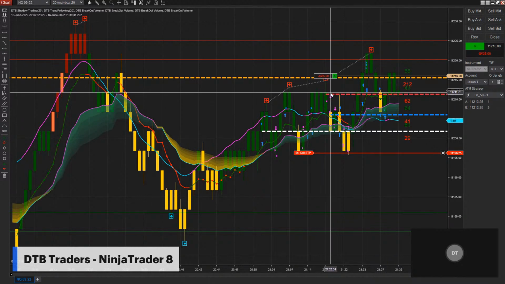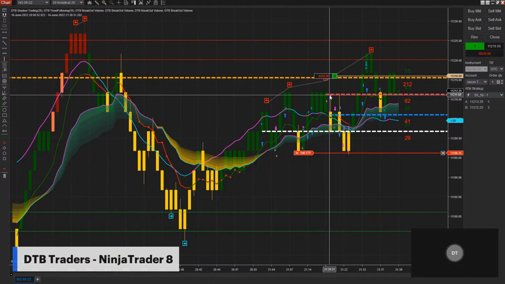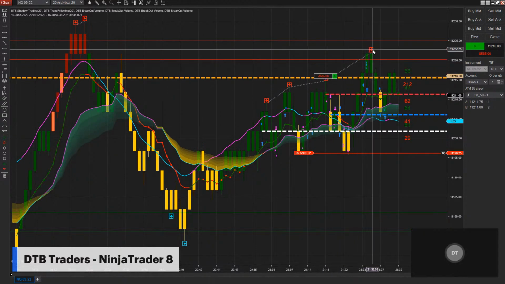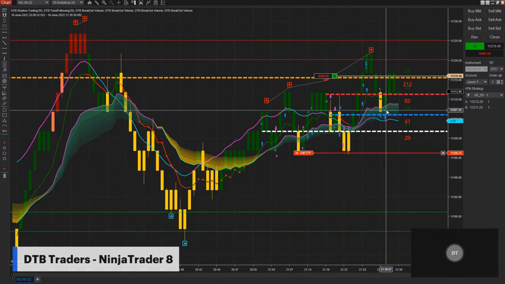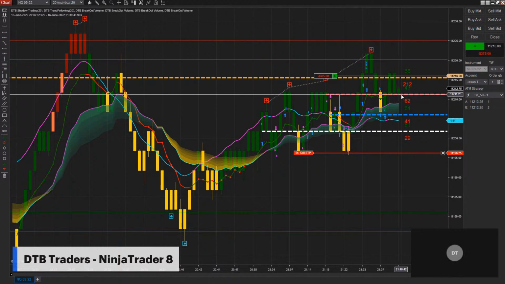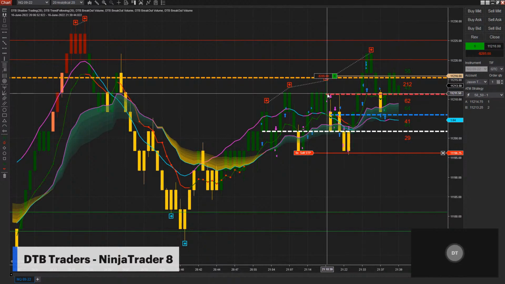So the crimson one, this is where it posted. The price actually went right through it, came back down, bounced around it, broke up above. So we've got a support area over here.